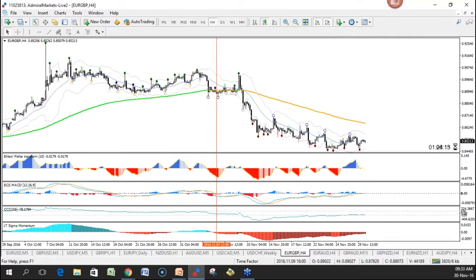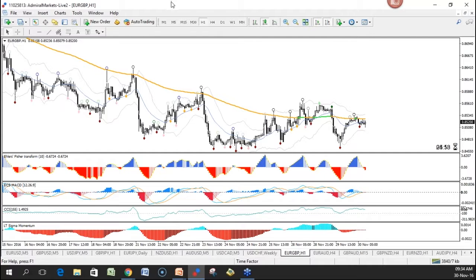price has been down here. So this was a retracement. This was a retracement. Hourly is a mixed bag.